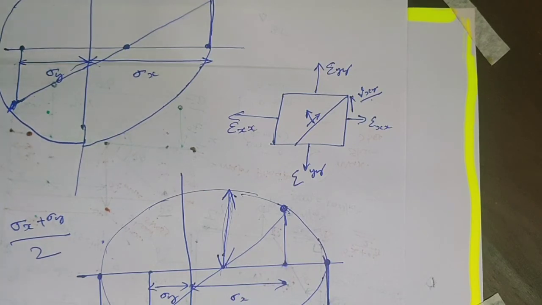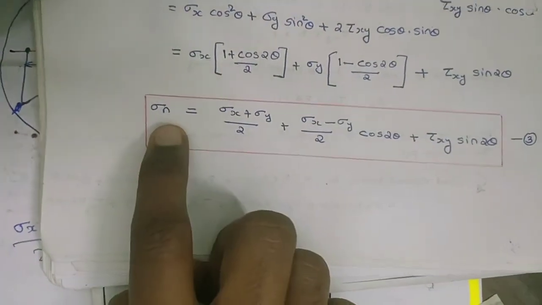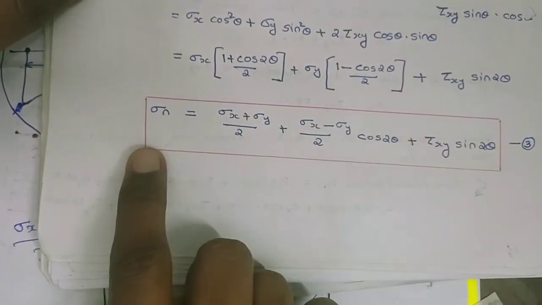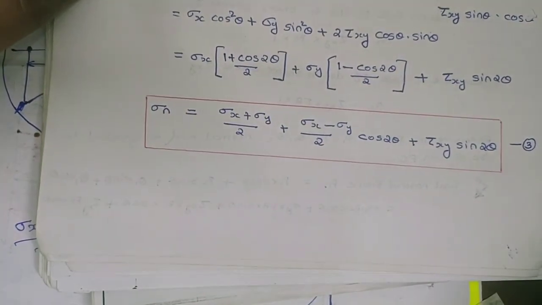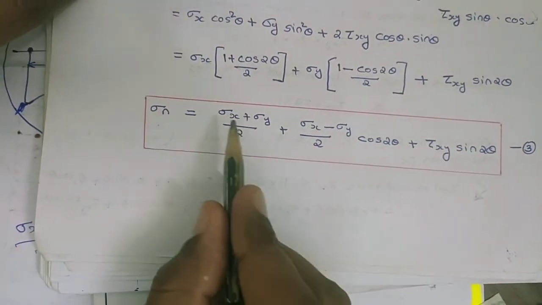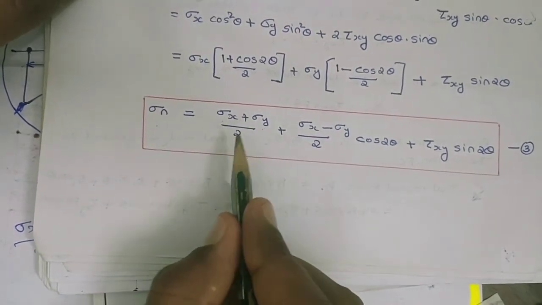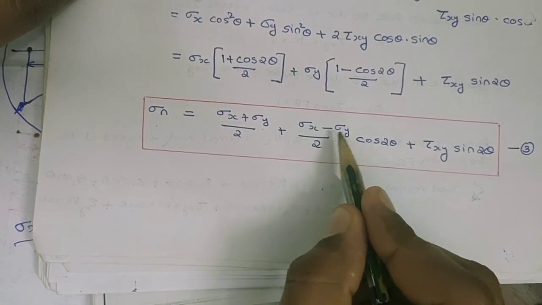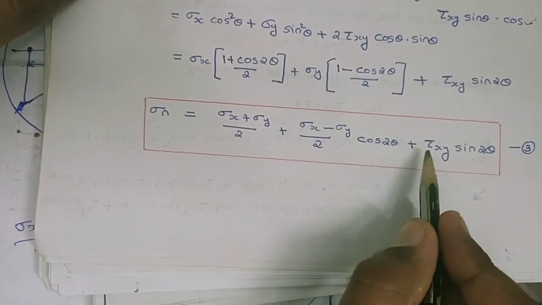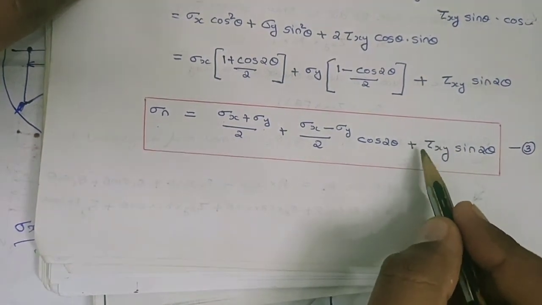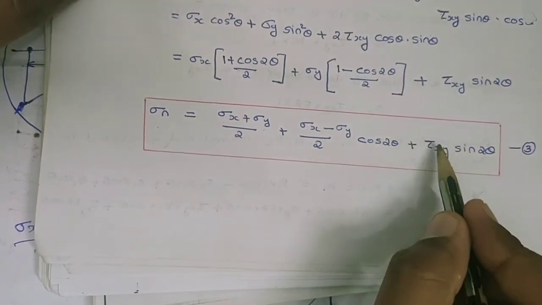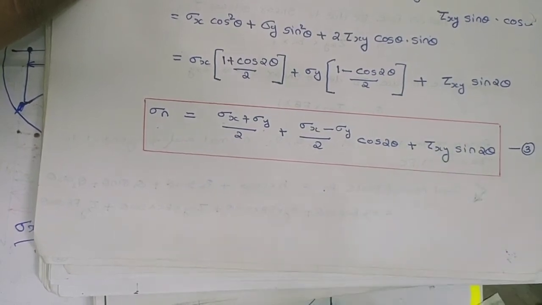So when we deal with a system consisting of strain, the only difference is that instead of all the stress terms in this equation, write the strain terms. That means epsilon n equals epsilon xx plus epsilon yy by 2 plus epsilon xx minus epsilon yy by 2 cos 2 theta plus, and this is very important, instead of tau xy we should give gamma xy by 2.